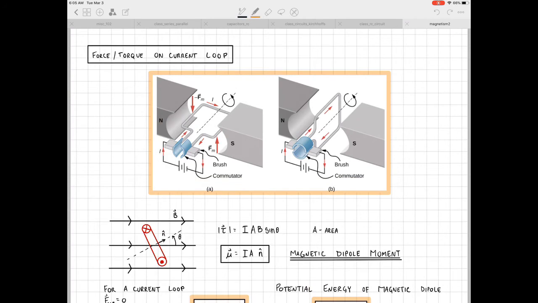And the way that the simple motor works is that there's this segment here where the loop connects to the driving circuit, where this curved shaped piece is called the commutator, and these pieces here are known as the brushes. And basically what happens is this loop rotates until the commutator gaps line up with the brush, and then there's no longer a connection with the circuit.